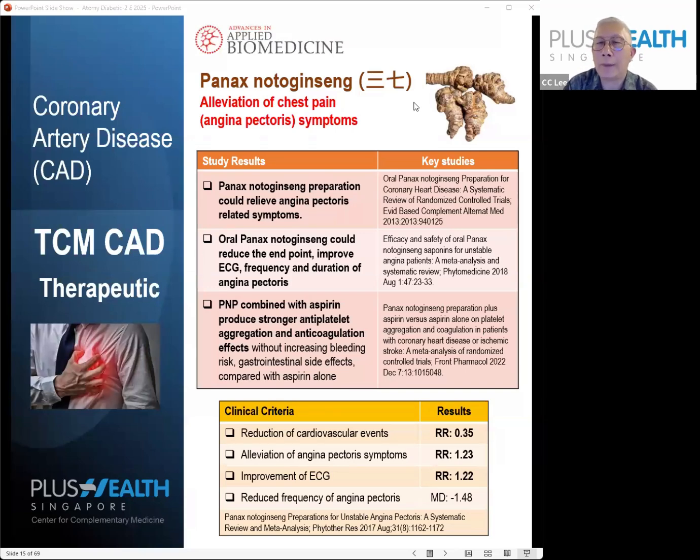This herb is a TCM herb that has shown very good clinical efficacy and potency in alleviating chest pain, especially for people who have a high risk of heart attack. I will go through all the clinical study results and details here. Basically, just to let you know, if you are at risk of having a heart attack and having chest pain, one of the best TCM herbs to be used is Panax notoginseng.